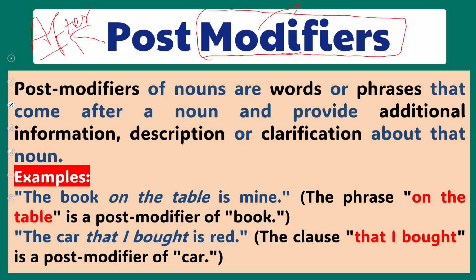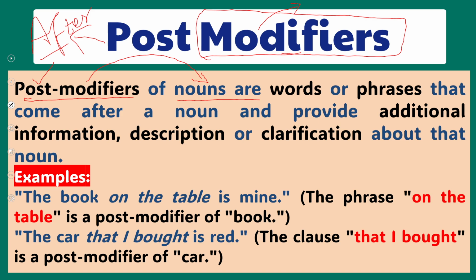So what are post modifiers? Let's read. Post modifiers of nouns are about the noun. They come after the noun, because of the word post, and modify the noun, as mentioned in their name.